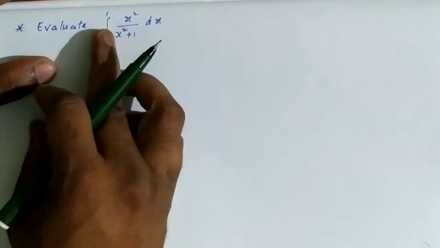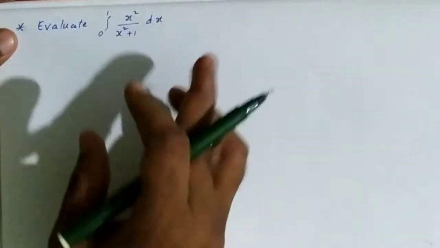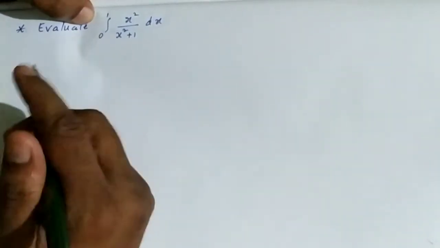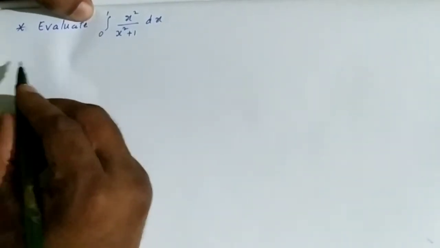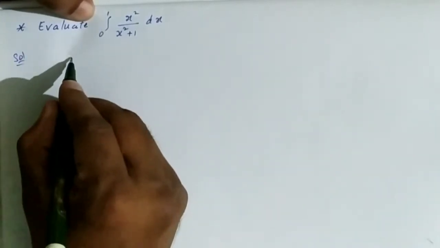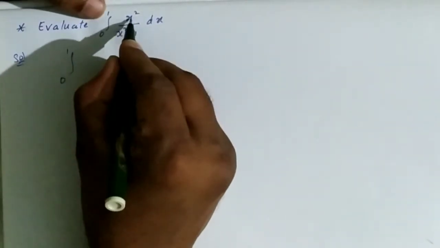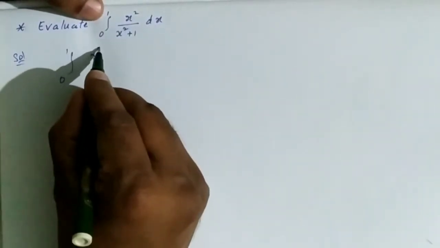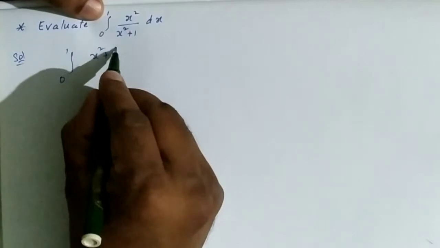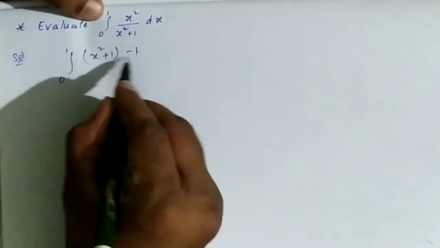Evaluate the integration from 0 to 1 of x square by x square plus 1 dx. Now I am writing x square plus 1 minus 1, plus 1 minus 1 we can get as 0 only.